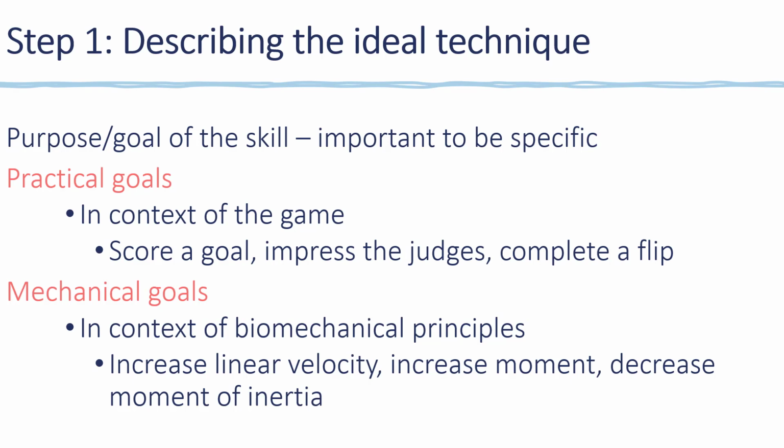For example, a mechanical goal could be to increase linear velocity, increase momentum, or decrease moment of inertia. I know that these terms aren't necessarily familiar to you yet, but don't you worry, we will be learning about all of them. But those are more mechanical goals. The goal here is more to change something in a biomechanical way about the human body.